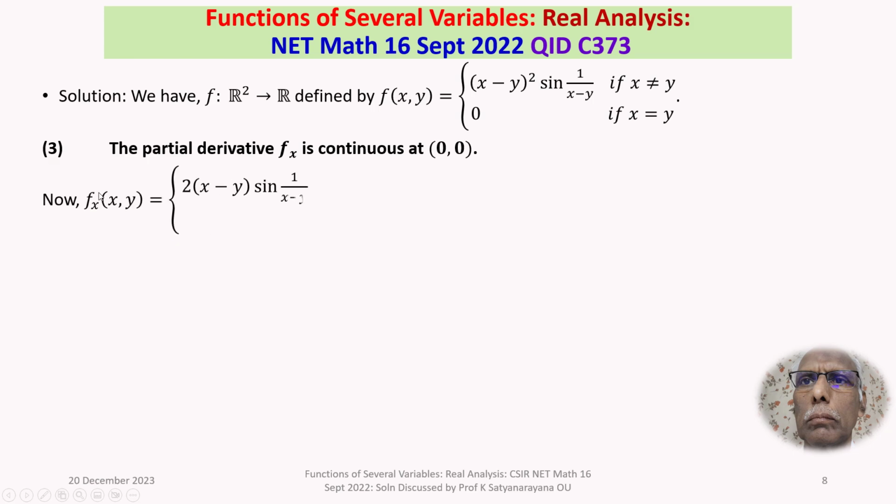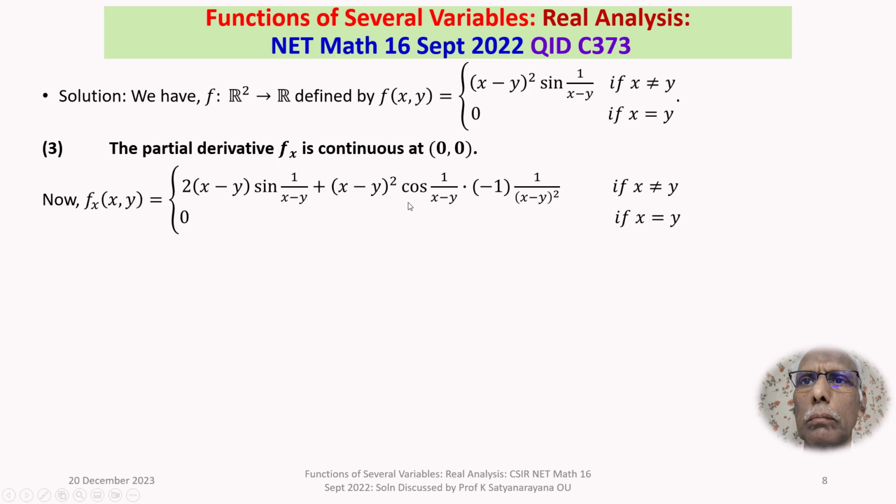Now the partial derivative of f with respect to x at (x, y) is equal to the derivative of (x minus y) squared partially with respect to x, that will be 2 times (x minus y) into the second function, sine of 1 by (x minus y), plus the first function (x minus y) whole square into the derivative of sine of 1 by (x minus y) with respect to x, treating y as constant.